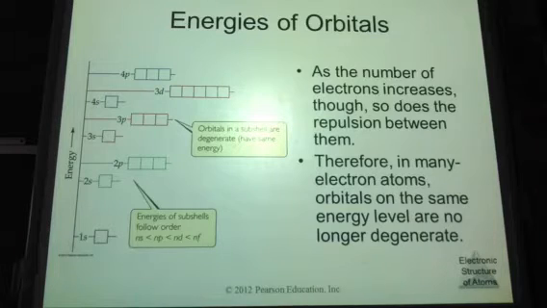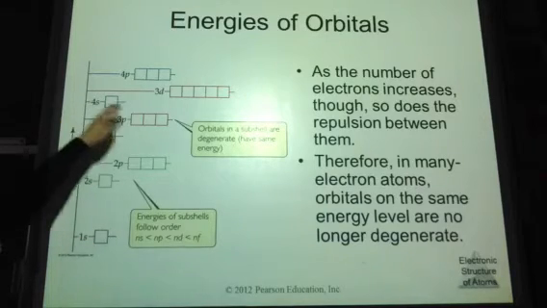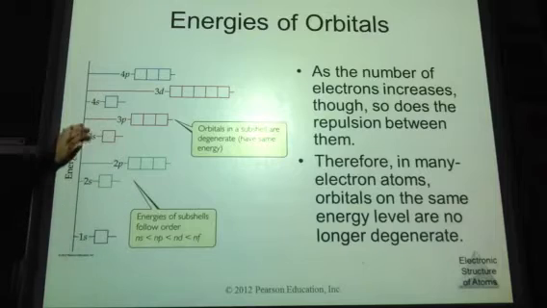But as we increase the number of electrons, we're going to have many more repulsions because we have that similar charge, so they're repelling one another. And because of that, we're going to get a difference in energy levels as we go across and down the periodic table. So we know we were going from our 1s, 2s, 2p, 3s, 3p, 4s, 3d, 4p. So we're just moving across that periodic table. And the reason that happens is because the number of electrons is increasing.